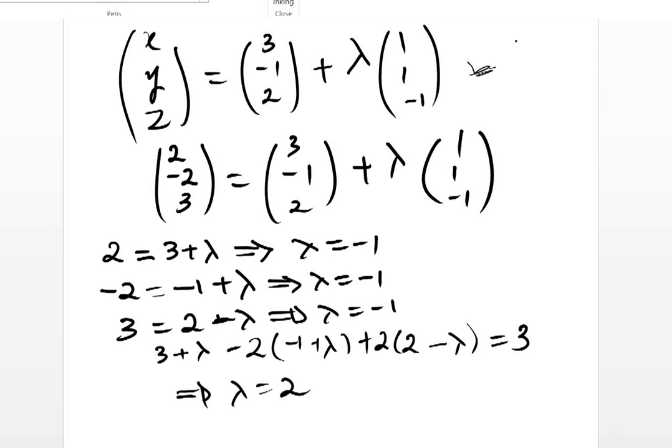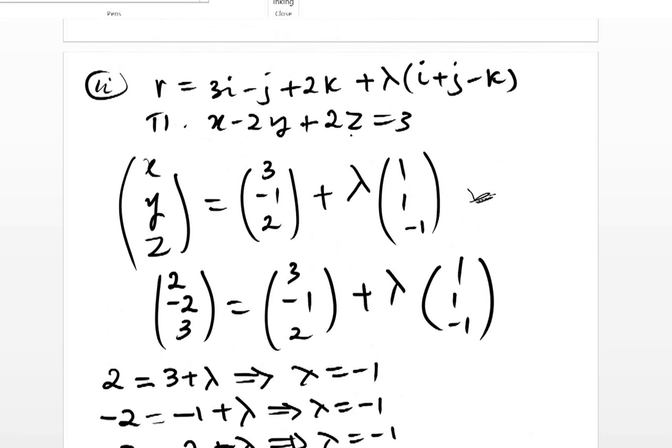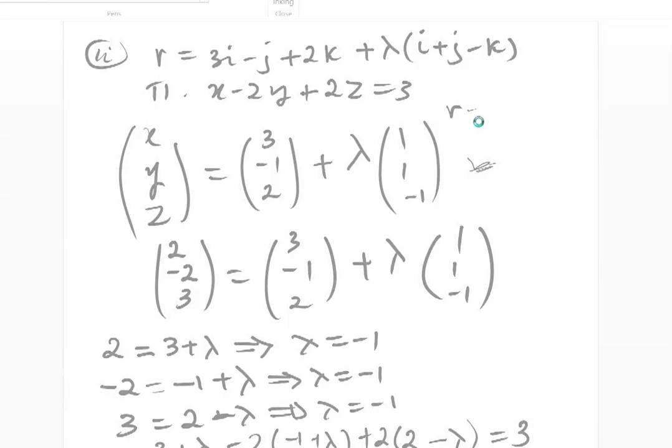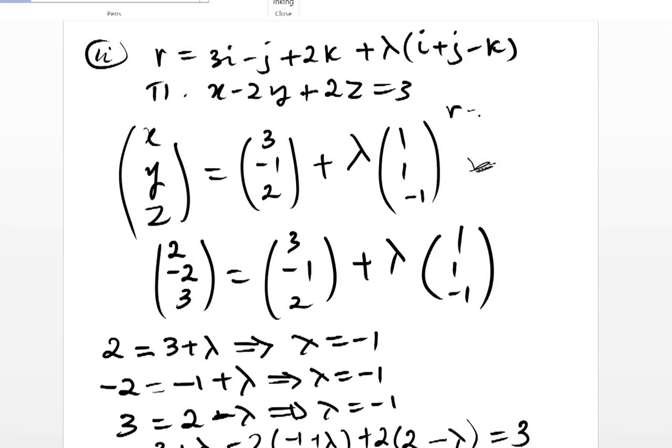So the position vector of point of intersection, what then will it be? If you substitute here, you will notice that the point of intersection will give us, if you put 2 here, 3i plus 2 will be 5i.